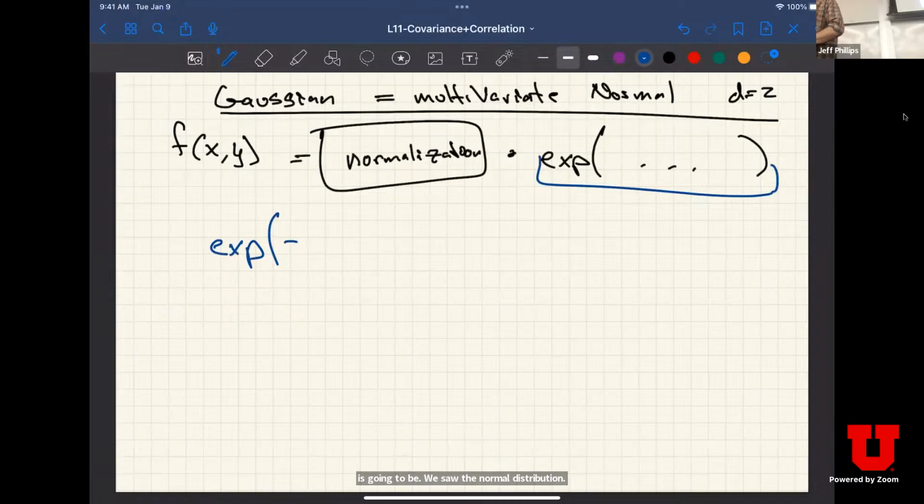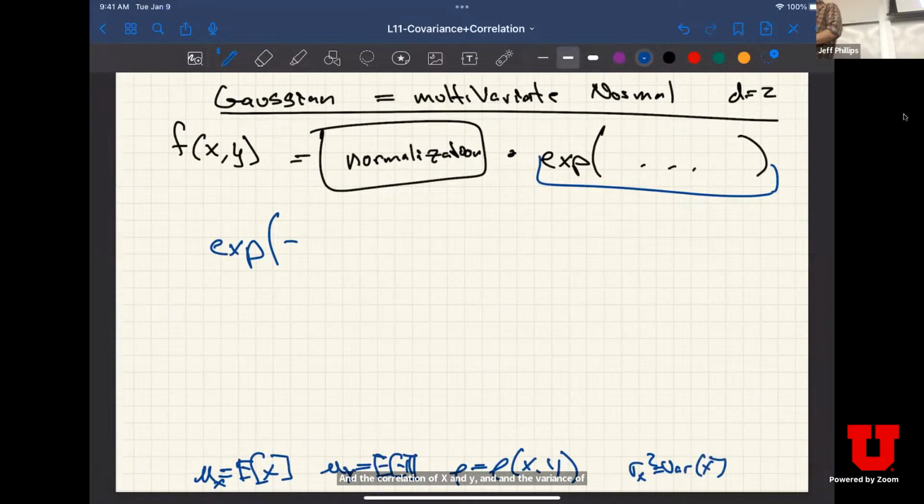It is going to depend on the mean of x, the mean of y, and the correlation of x and y, and the variance of x and the variance of y.